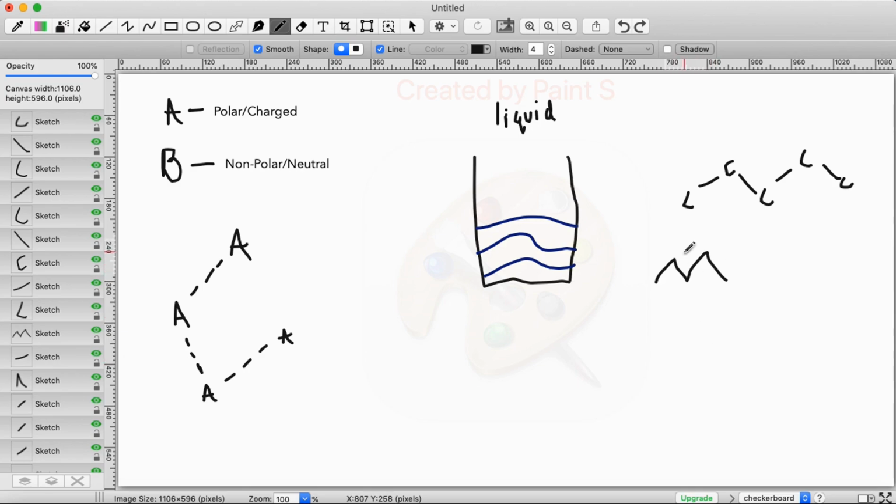Well, they still can, and this one's actually a bit more complicated, but basically on these carbons you have the electrons orbiting around the carbons. I'm not going to go into electron orbiting very much in this video, or maybe another video.